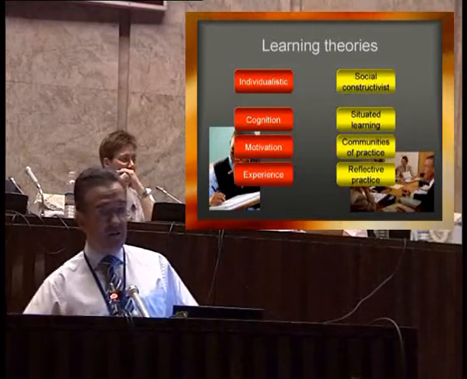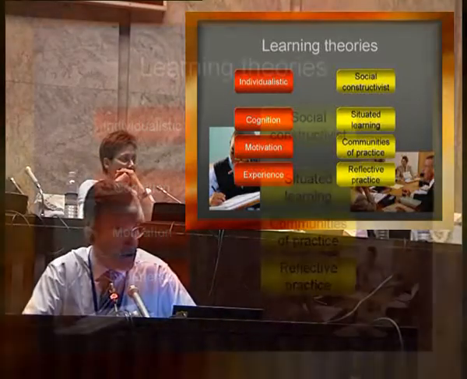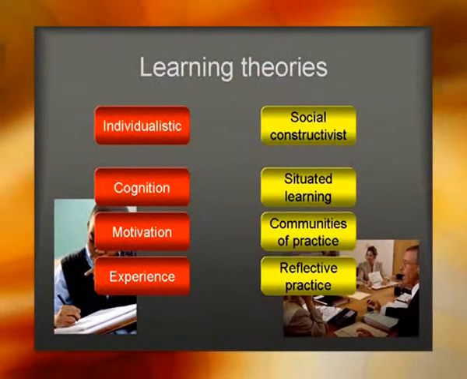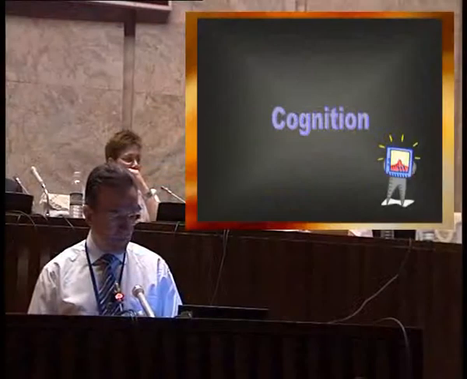I want to just briefly review some of these areas. Under the individualistic ones, there's theories of cognition, theories of motivation, and theories of experiential learning. Under the social constructivist models, there are theories of situated learning, theories of communities of practice, and theories of reflective practice. Let's just review those quickly.